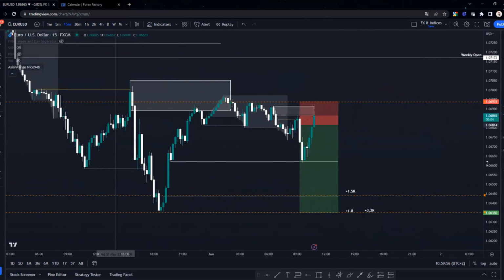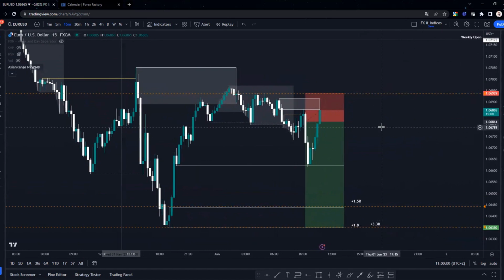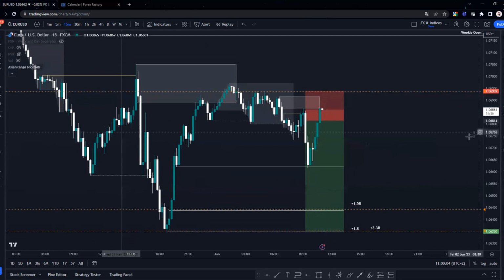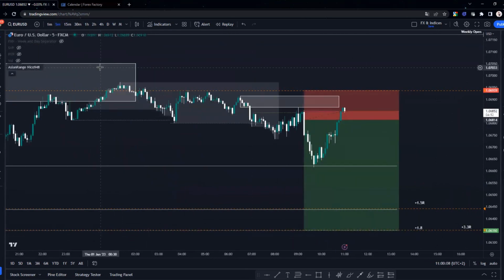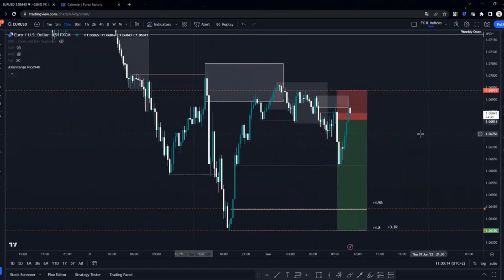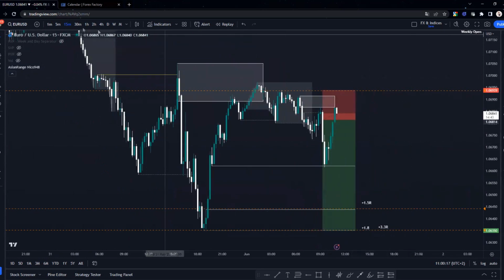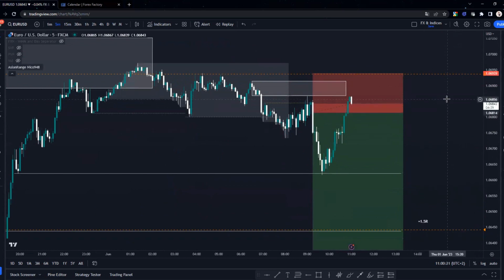Let's see. 3, 2, 1, go. All right, I was expecting a stronger reaction at the open of the candle, but it's so good.